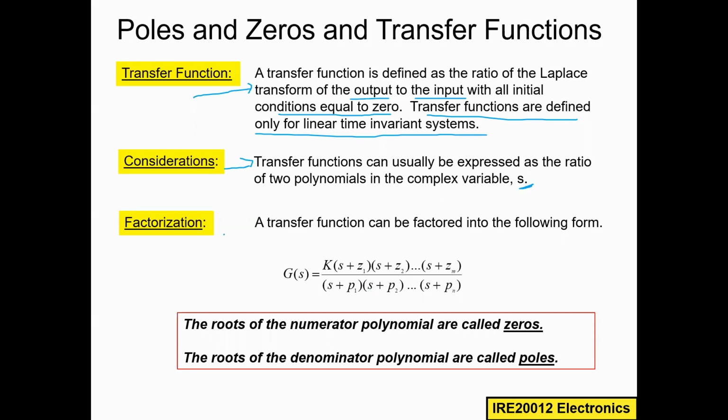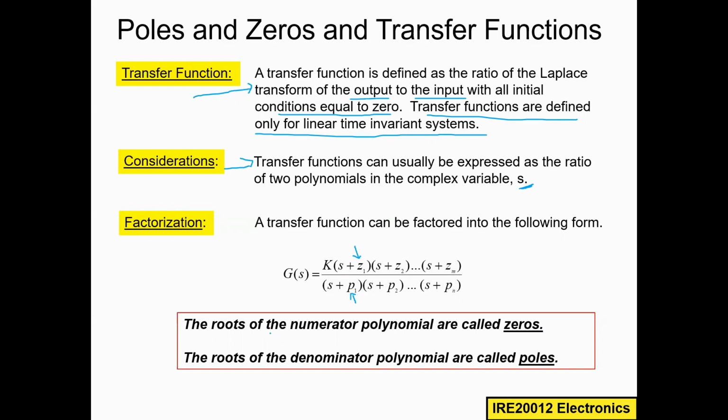And factorization. Factorization means a transfer function can be factored into the following form. G of S is equal to K times (S plus Z1)(S plus Z2) up to (S plus Zm), divided by (S plus P1)(S plus P2) and so on up to (S plus Pn). The Z1, Z2, Z3 and so on are called zeros, and P means poles.